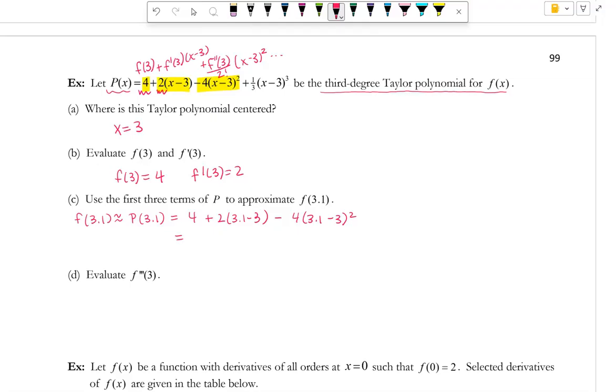All right, so to evaluate that, 3.1 minus 3 to the first power is just 1/10. So I have 2 times 1/10, or 2/10. And then I have minus 4 times 0.1 squared, so that's 4/100.